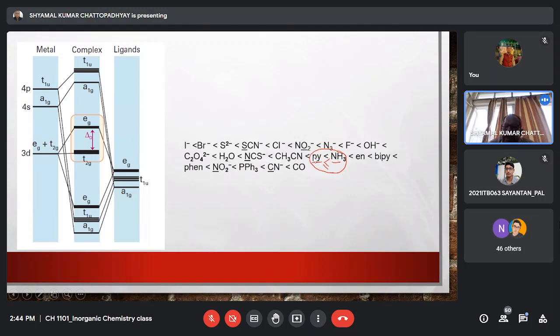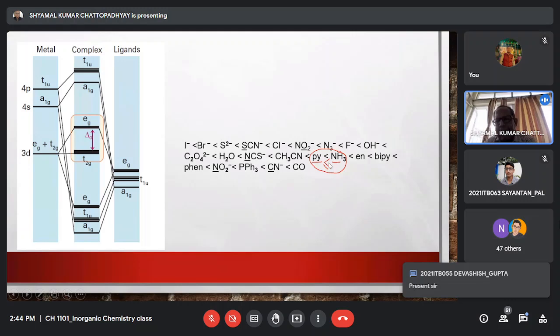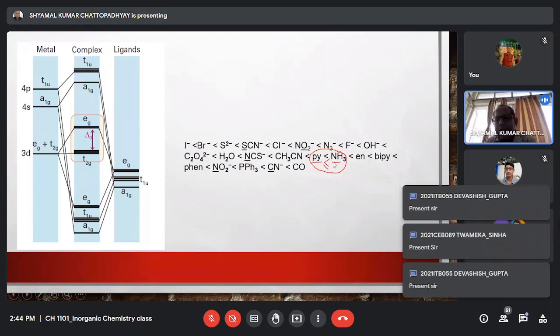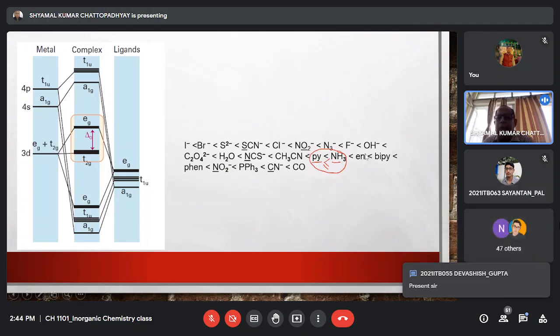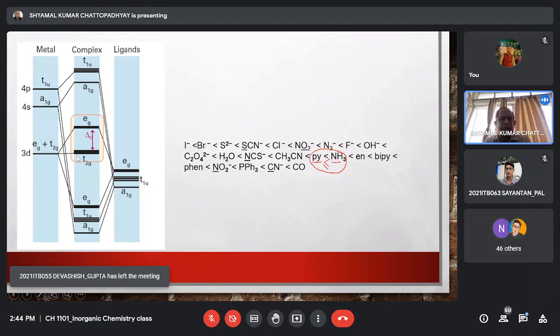But what do you find? Though ammonia is a much stronger base than pyridine, according to this diagram ammonia should have a much stronger crystal field than pyridine. But experimentally, we find pyridine and ammonia lying very close to each other, almost identical crystal field splitting, right? So this anomaly of pyridine and ammonia, hydroxyl and water cannot be explained by this sigma-only picture.